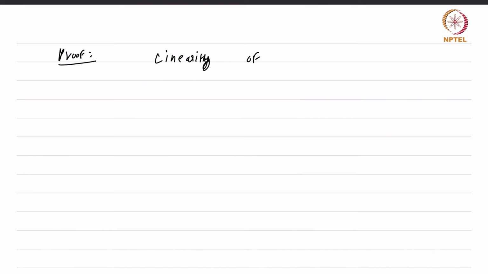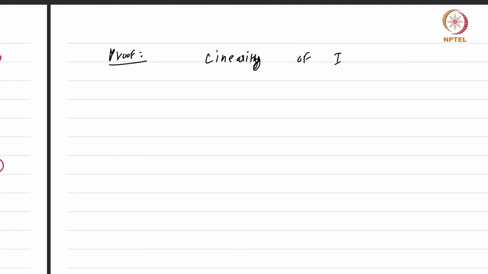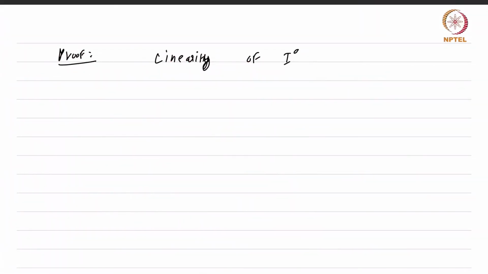And taking refinements, linearity of star, or linearity of I_ab, is trivial.